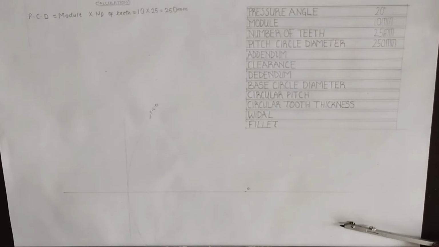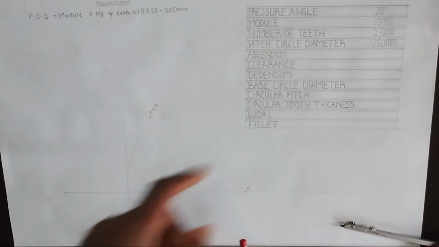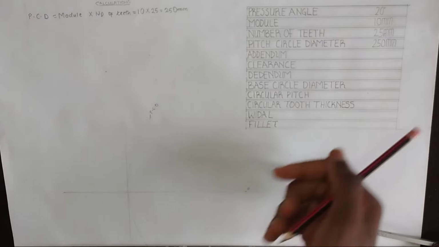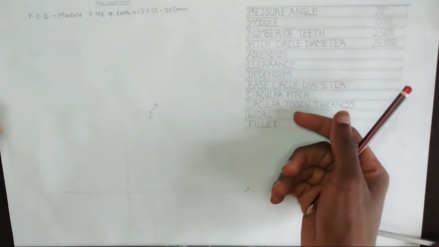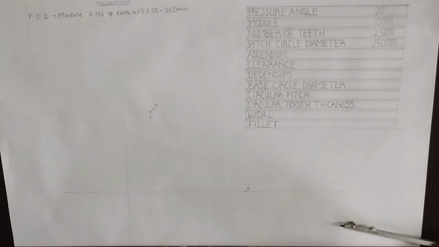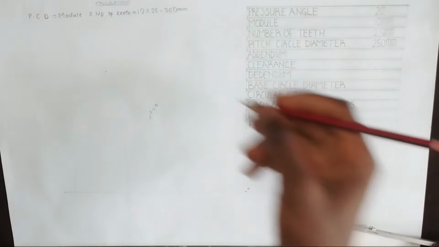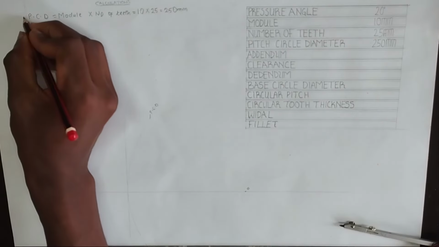Okay, so now what we are going to be doing next is to draw our addendum. And our addendum is the radial height of the tooth above the PCD. So in order to do that, we are going to calculate for addendum here.